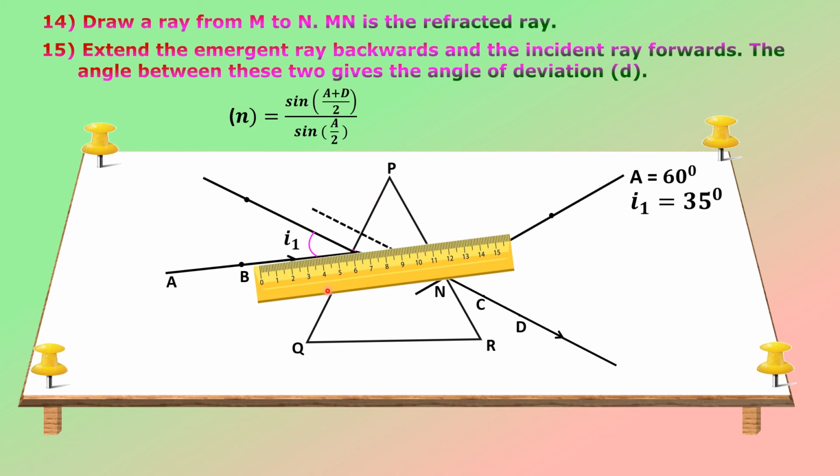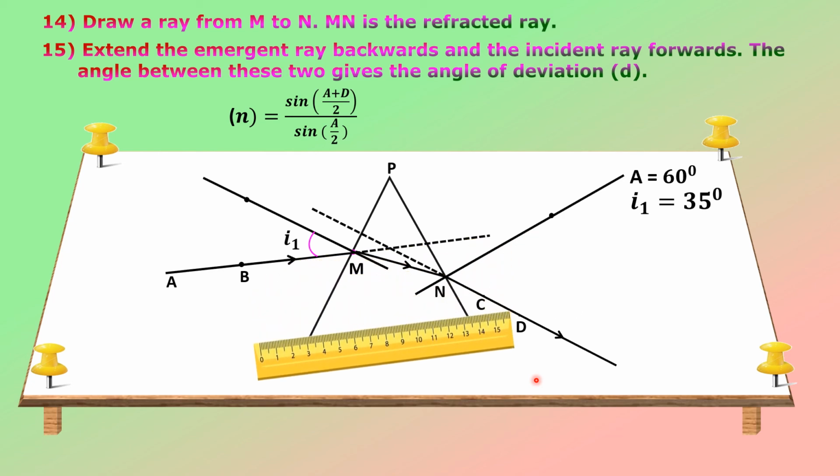If the prism is not there, the incident ray would have gone like this. So here some angle has been formed. This angle is called the angle of deviation.